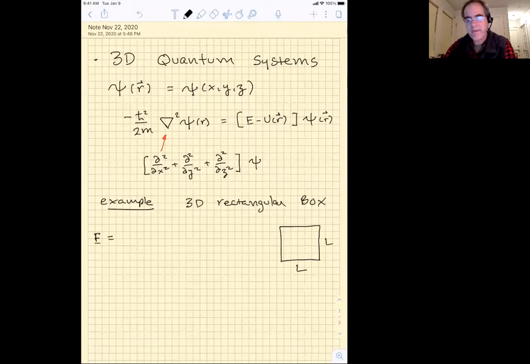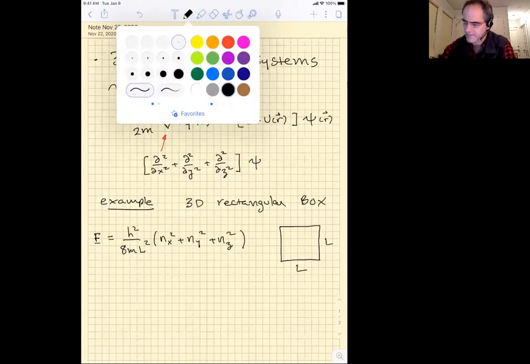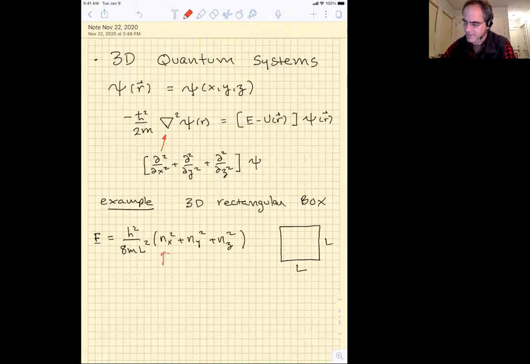We found the energy depended on 3 quantum numbers, okay? And we could write this as h squared over 8m L squared, that's certainly familiar looking, times nx squared plus ny squared plus nz squared. So 3 different quantum numbers for this 3-dimensional system, okay?